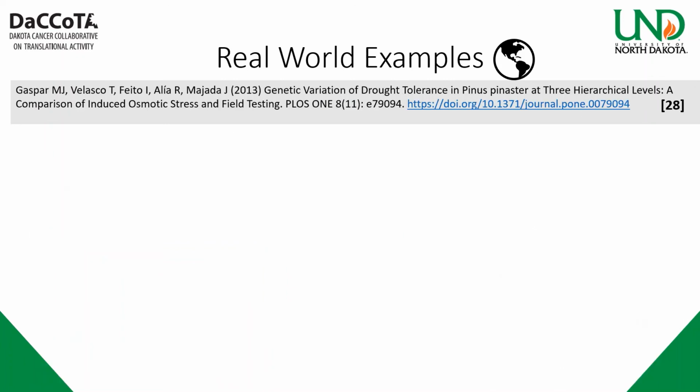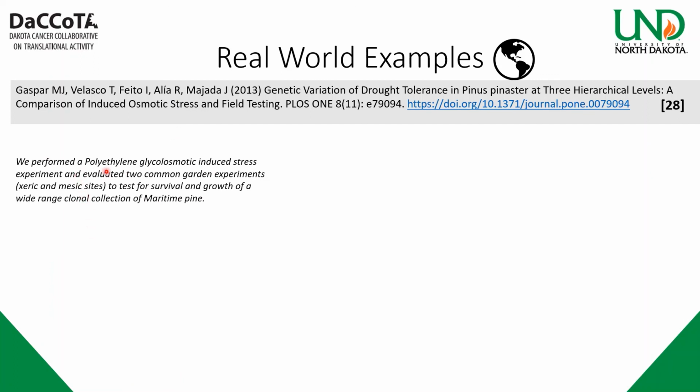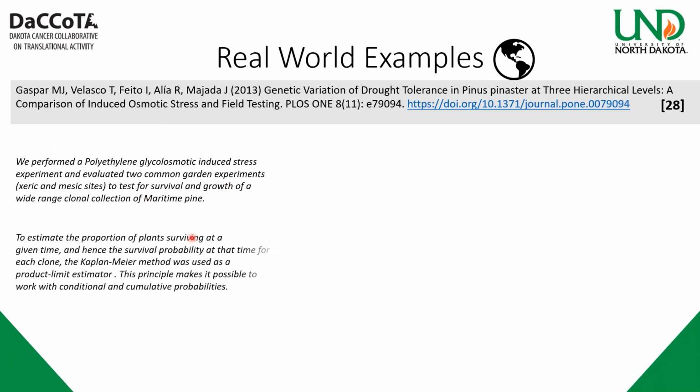All right, another one we'll look at, getting outside the strictly biomedical, looks at pine trees, 3 hierarchical levels, looking at induced stress. So they did these stress experiments and carbon garnet experiments on survival and growth of these different pine trees.